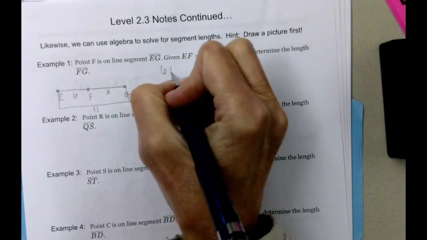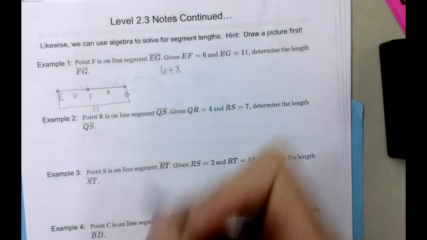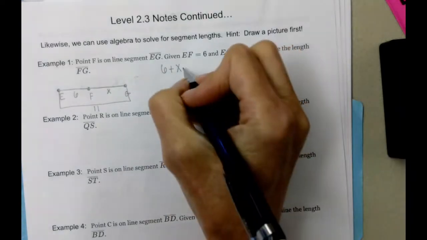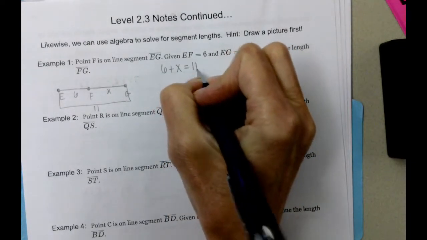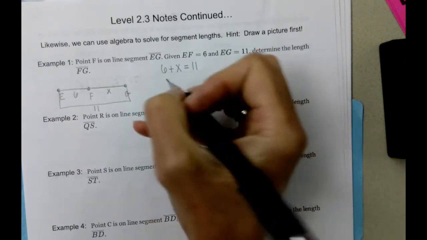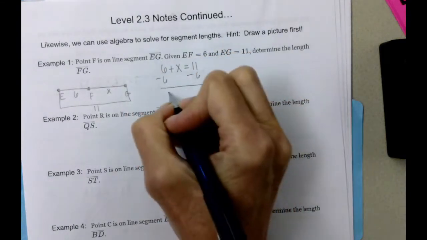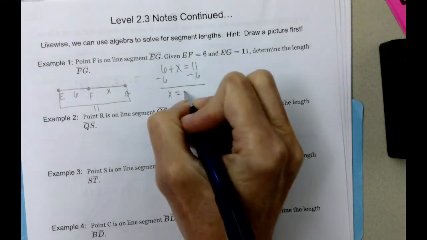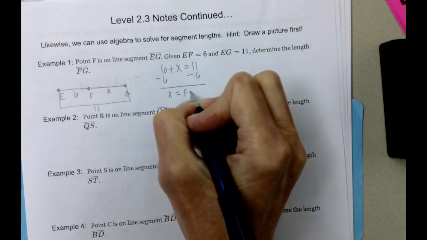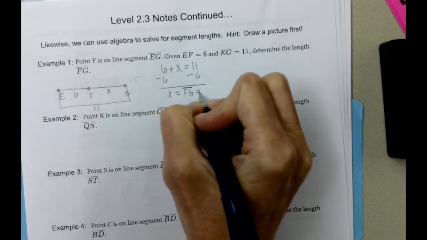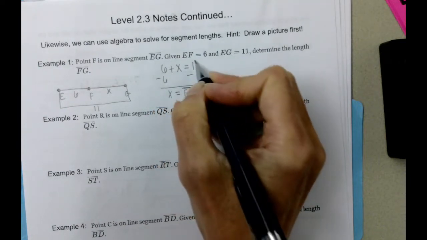But 6 plus X, if we add those two segments, they add up to be the entire segment of 11. And if we subtract 6 from both sides, then we're going to get X, which, by the way, is really segment FG, which is 5. 11 minus 6.